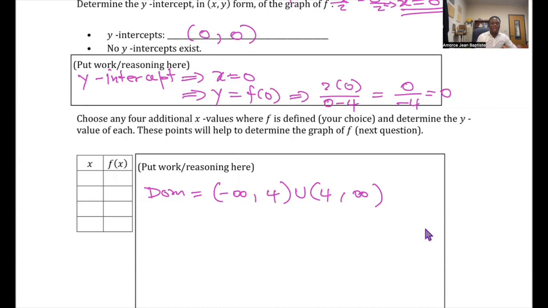That's why I always look for values that are integers, easy to find on the number line. One thing you can do is use your graphing calculator to find a table. So let's see how we can use the graphing calculator to do that.